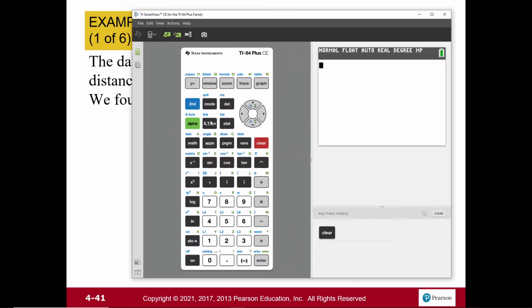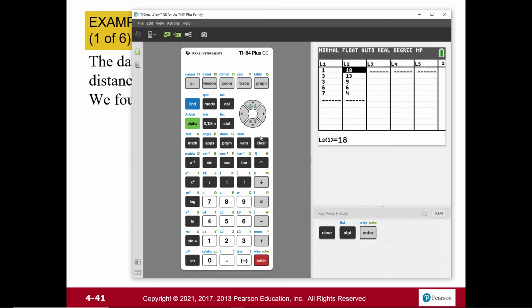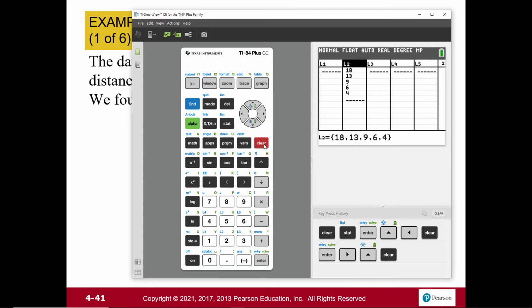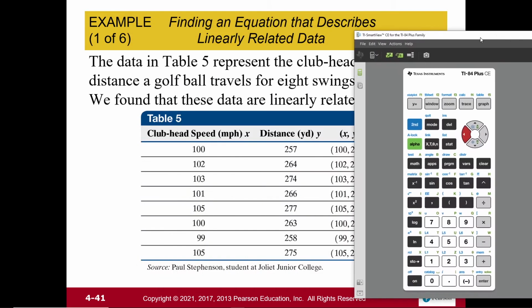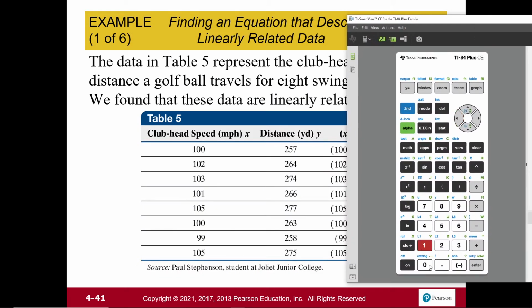The first thing we're going to do is enter the data into our calculator. We go into Edit, and let's clear out the two lists, L1 and L2. Now we begin to enter the values in.